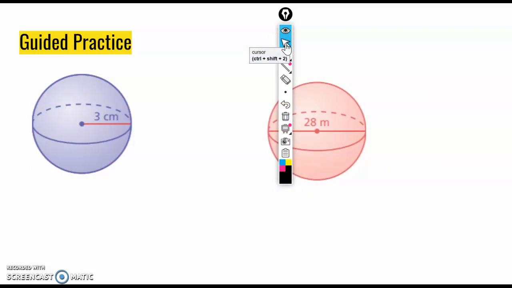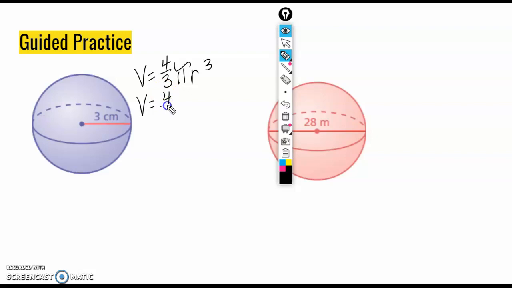All right, let's look at the purple sphere together. So our formula is volume equals 4/3 pi r cubed. Pause the video and see if you can find the volume of the purple sphere. Our first step is to fill in with what we know.